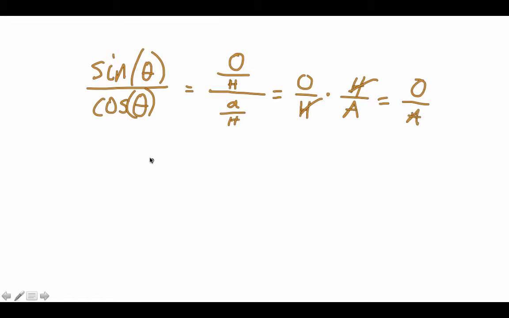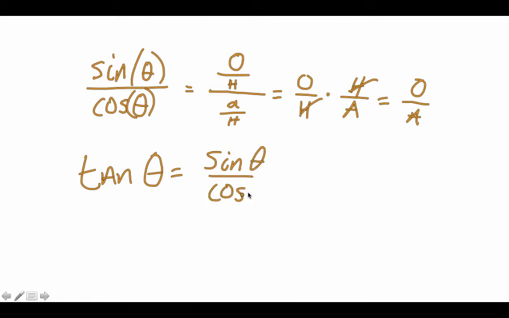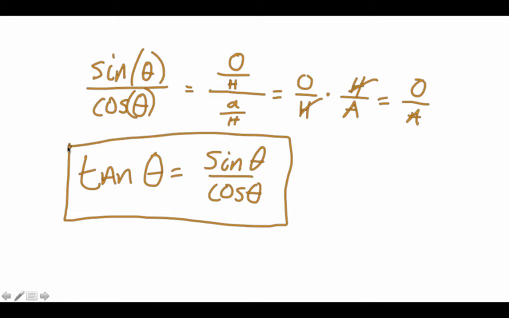And you get this really important idea that the tangent of an angle is the opposite leg over the adjacent leg. That is a perfectly wonderful way to think about it, but you can also think about it as the sine of theta over the cosine of theta. This will be a very important definition going forward, that the tangent of theta is the same as the sine divided by the cosine.